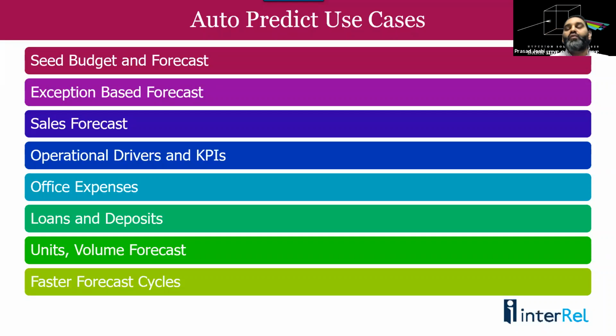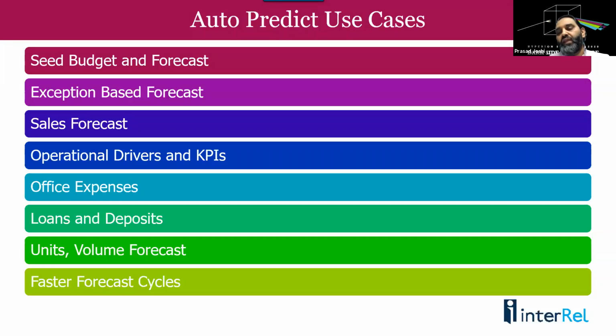One of my retail clients recently was using a driver-based workforce, and they had certain package volumes which were used as a driver to calculate the number of hours and FTEs from there onwards. They had trending methods, 3-month and 6-month averages, but that was replaced by AutoPredict.